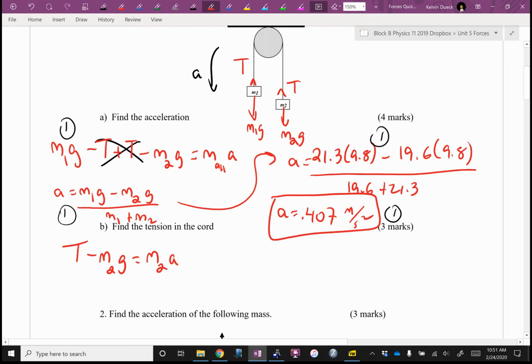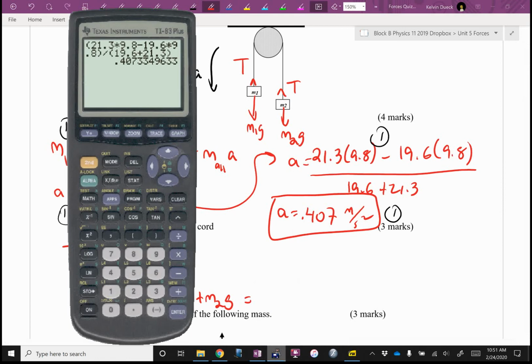And remember, the way I remember this is for an individual force, I look at an individual mass. I plus that over. I got tension equals M2A plus M2G. M2 was 19.6. 19.6 times answer plus 19.6 times 9.8.